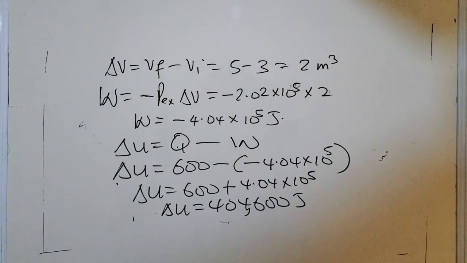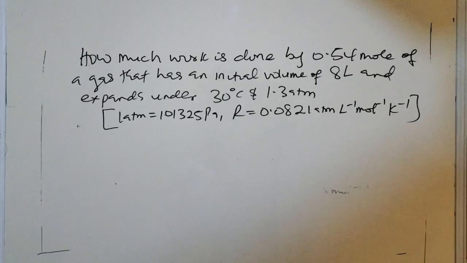So we'll take one more problem on this. Look at this problem on the board that says how much work is done by 0.54 mole of a gas that has an initial volume of 8 liters and expands under 30 degrees Celsius and 1.3 atmospheres.